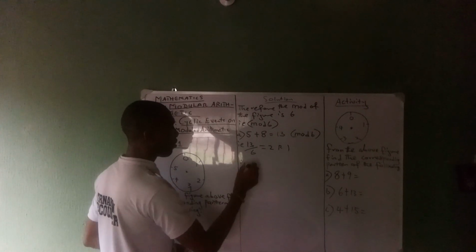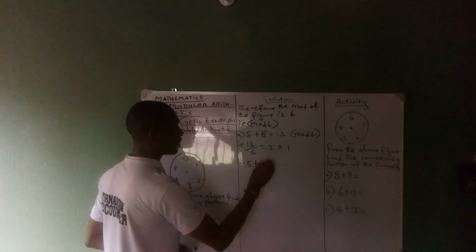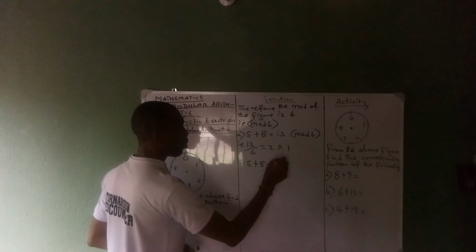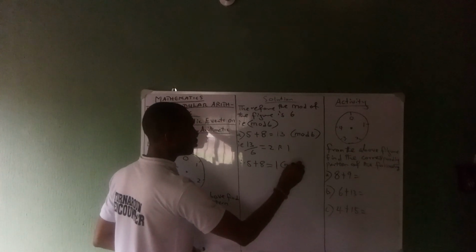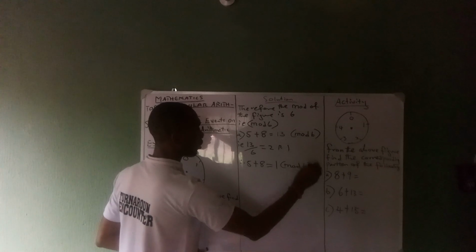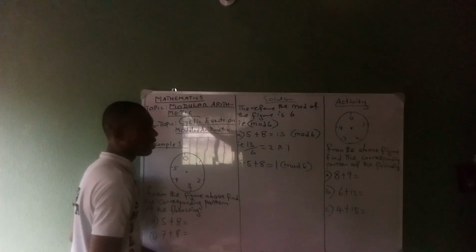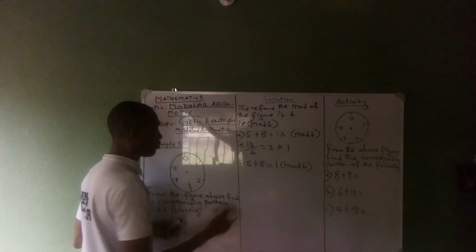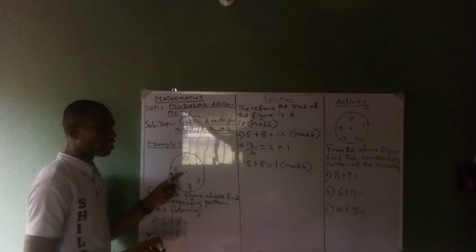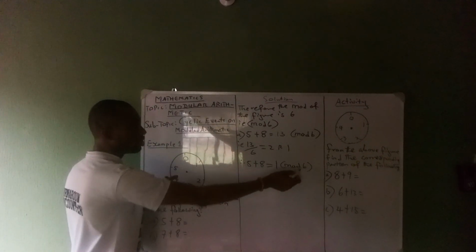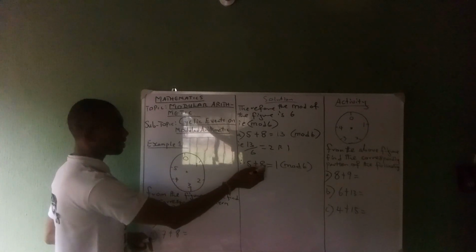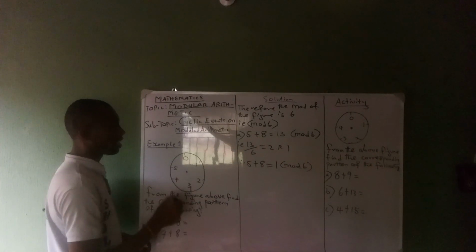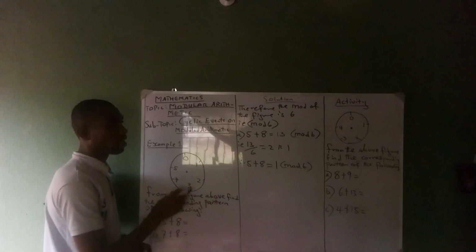We say therefore 5 plus 8 will now be equal to 1 in mode 6. We consider the remainder, so the remainder is the number pattern that corresponds with the cyclic event. That is why we have it as 1 mode 6. So when you say 5 plus 8, it is the same thing as 1 in this cyclic figure.